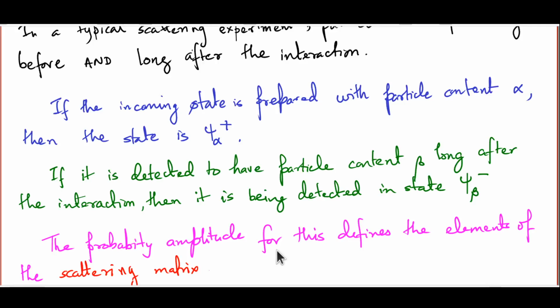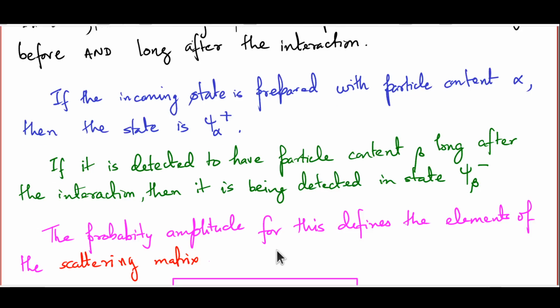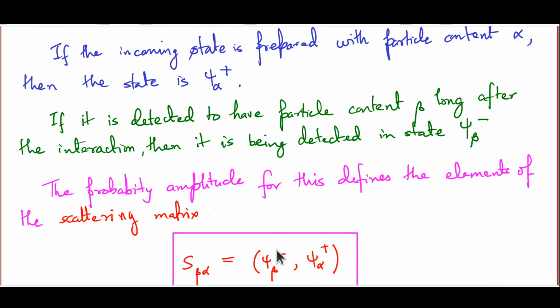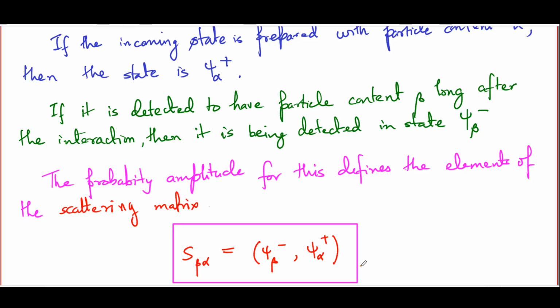Now, as you all know, the quantity that you need to calculate here is the probability amplitude for this happening. If a system is in state psi alpha plus, and you want to detect it in state psi beta minus, the probability amplitude that you have for this is the inner product of the state psi beta minus with the state psi alpha plus, and it is this inner product that gives us the beta alpha element of the so-called scattering matrix.